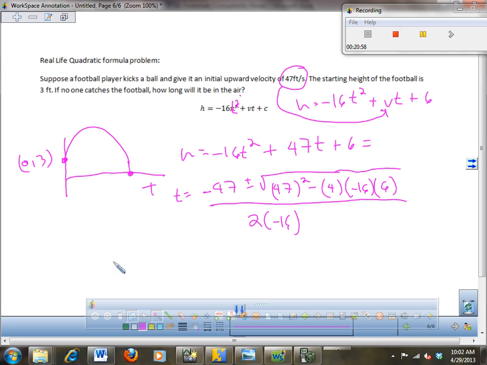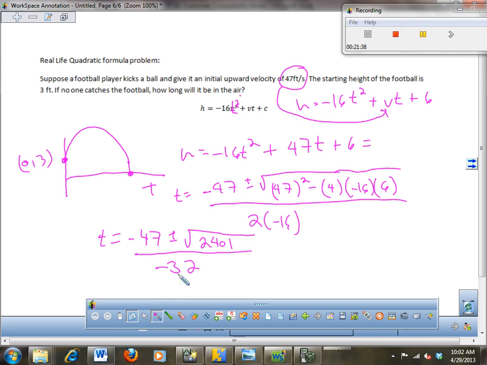Right? And if you do plug that into your calculator, after simplifying, you get t equals negative 47 plus or minus, after I simplify all this, I kind of cheated, I get 2401 inside the square root, and then I have a negative 32 on the bottom. Okay?